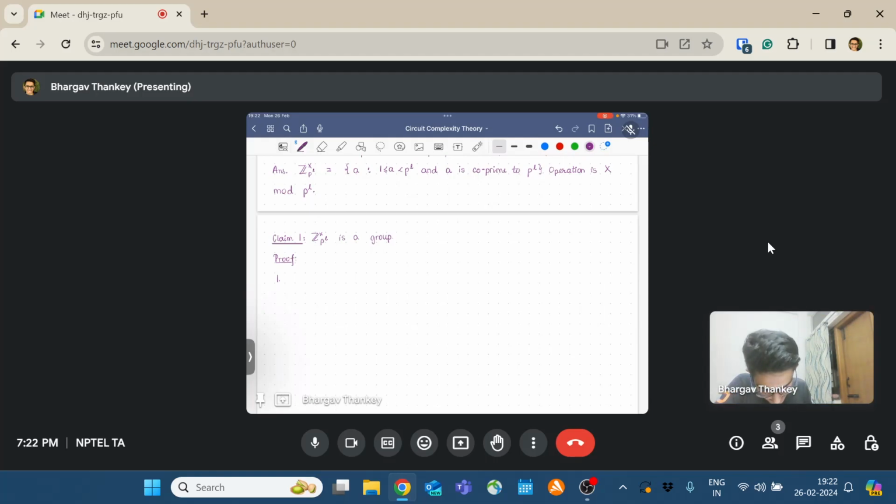What's the first property? Closure. It should be closed. Suppose A and B are in Z cross P to the L, and A, comma, okay, let me write it like this.